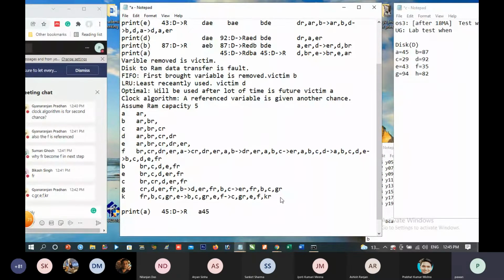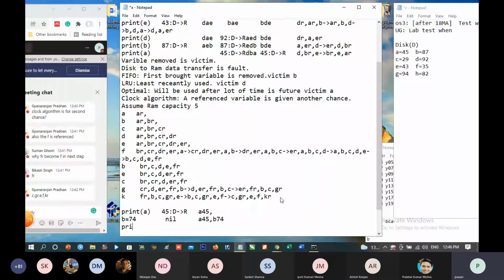Is it correct? Now, we are writing B equal to 74. Nothing will be brought from disk to RAM. And our RAM will contain A45, B74. This is what our RAM has.